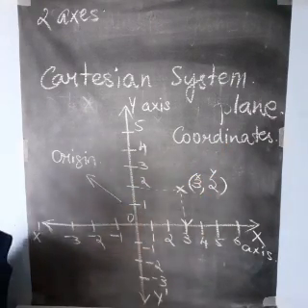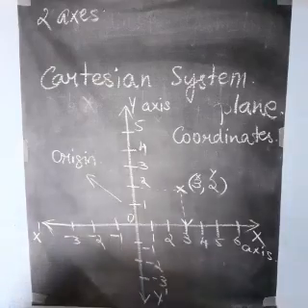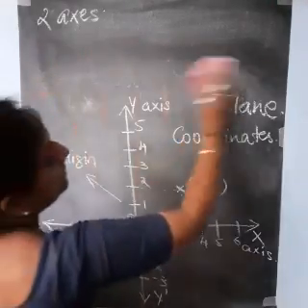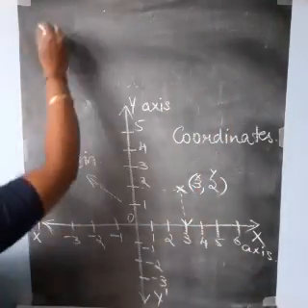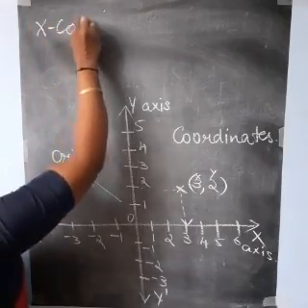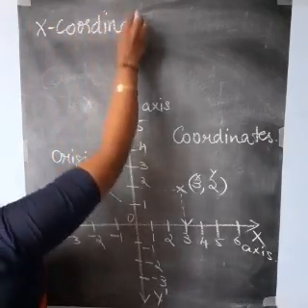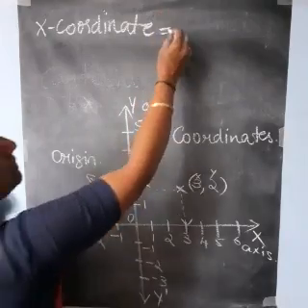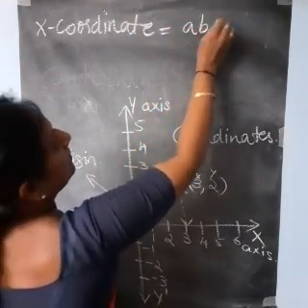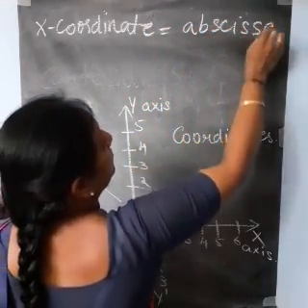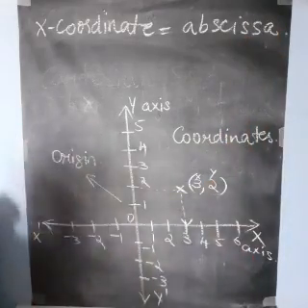Are we okay with that? Now the x coordinate is also known as the abscissa. You have to remember this, abscissa.